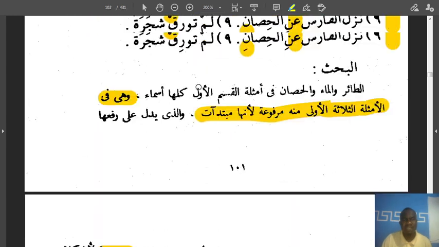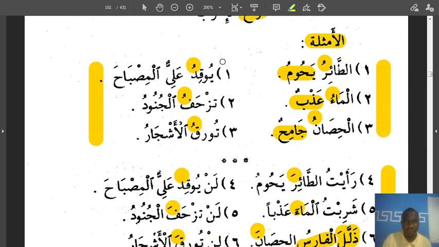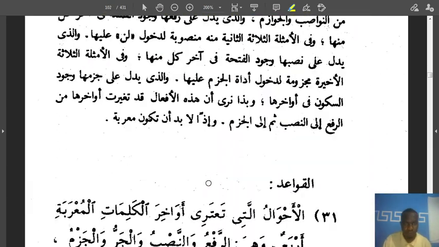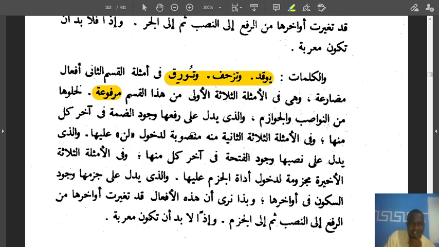So you realize that the first three verbs here are not preceded by anything, and so they come with dhamma. So he says: لِخُلُوِّهَا, due to it being free from an-nawasib wal-jawazim, because it doesn't have any articles of nasb and it doesn't have any articles of jazm.